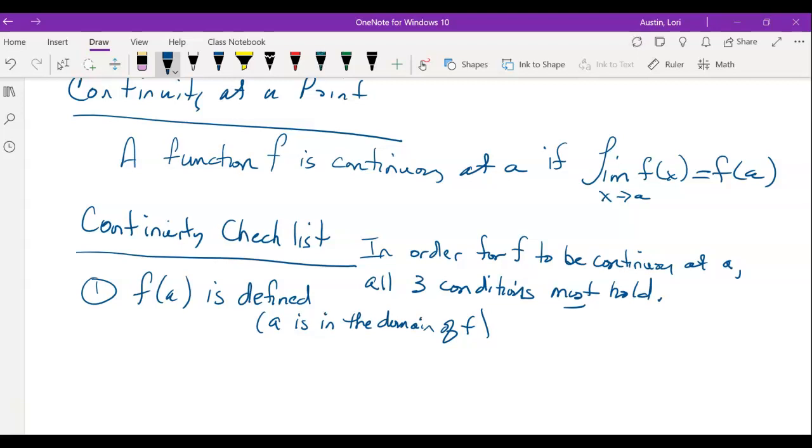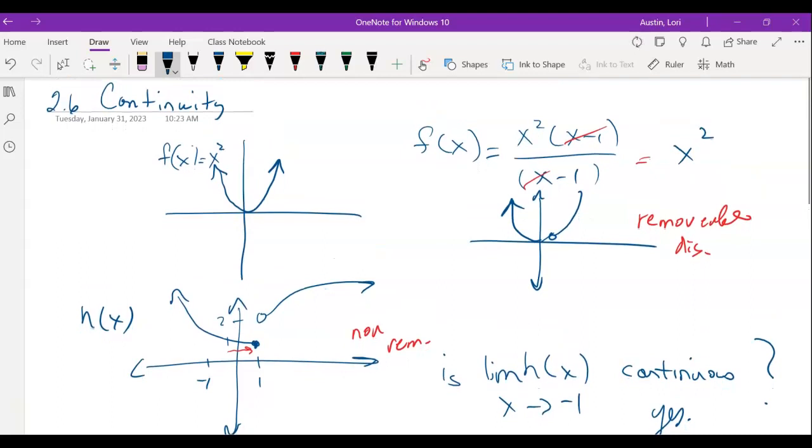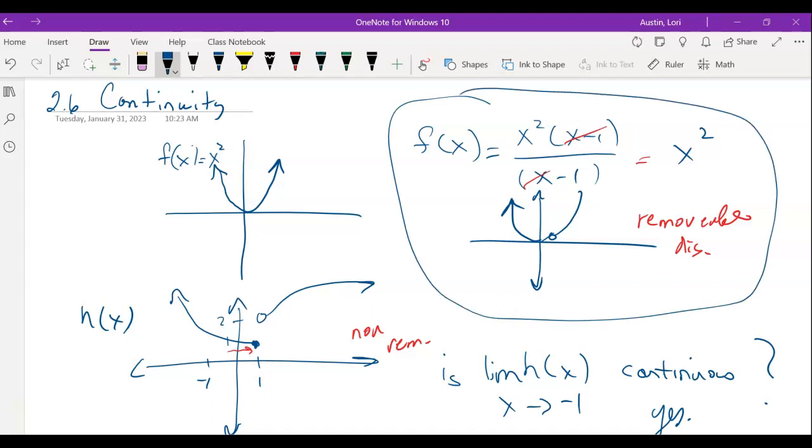When we check it's defined, you have to have your original function in non-simplified form. That's important because, I got to move this one second. Take a look at this example over here. This one. Can I plug 1 into the original function?